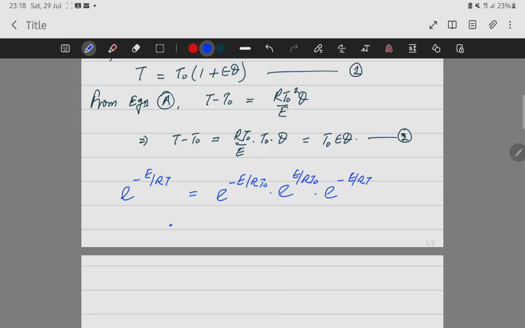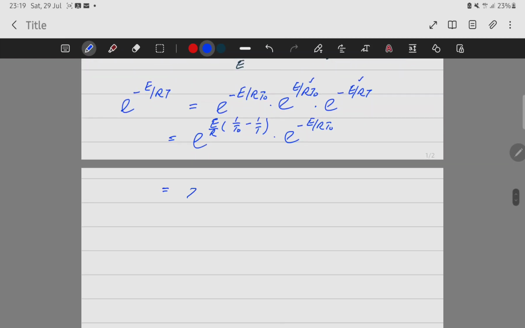Taking these terms together, we have e raised to power E over R into 1 over T naught minus 1 over T, dot e raised to power the remaining term, minus E over RT naught. So this is the same thing as e raised to power E over R into T minus T naught divided by T T naught, into e raised to power minus E over RT naught.